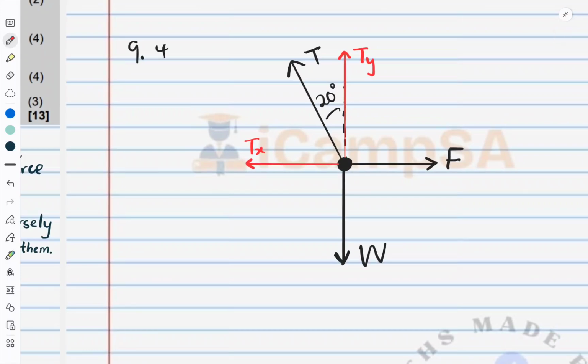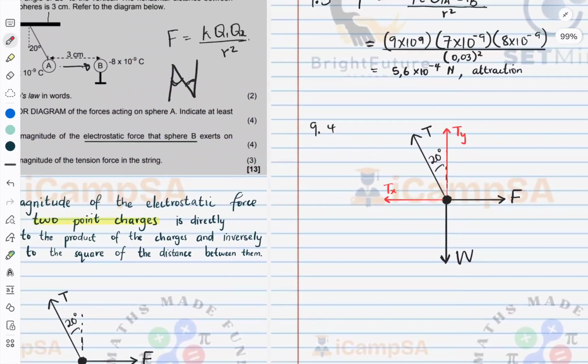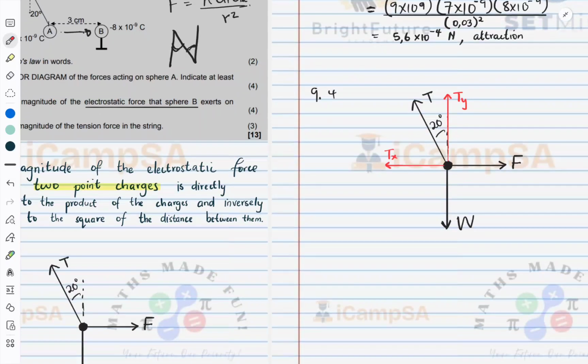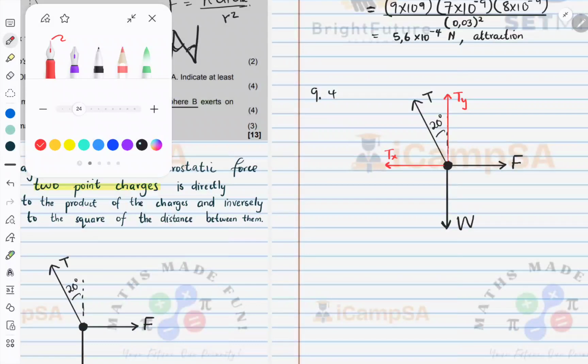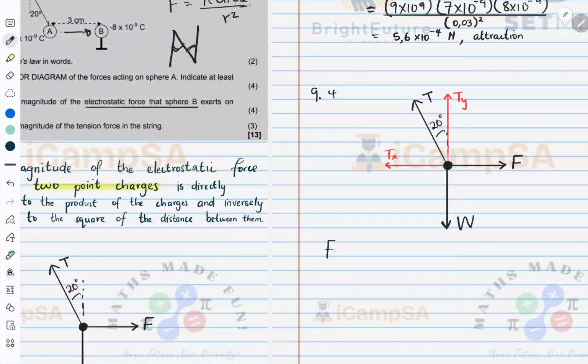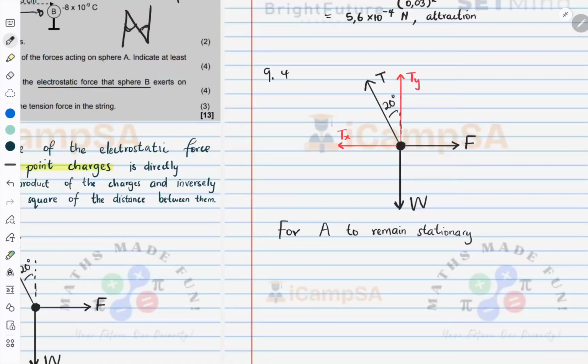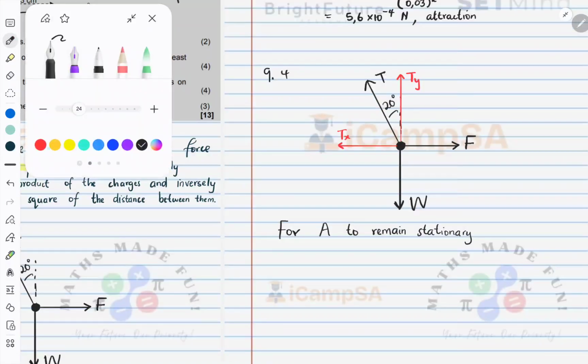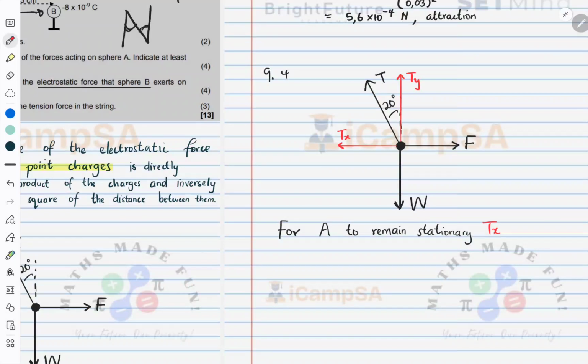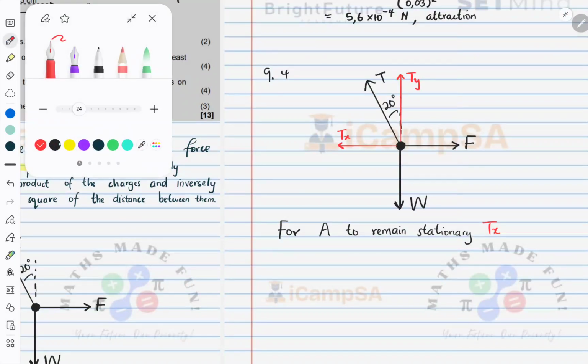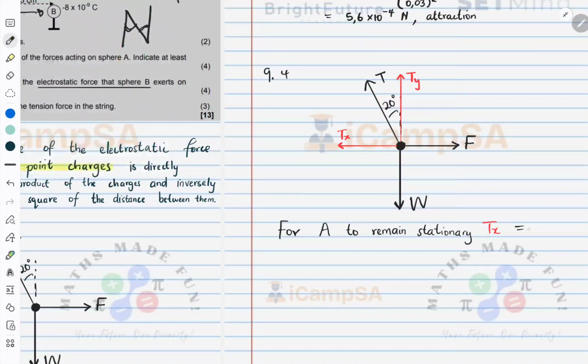And then we know that for A to remain stationary, the forces must be balanced. So Tx must be equal to F, right?